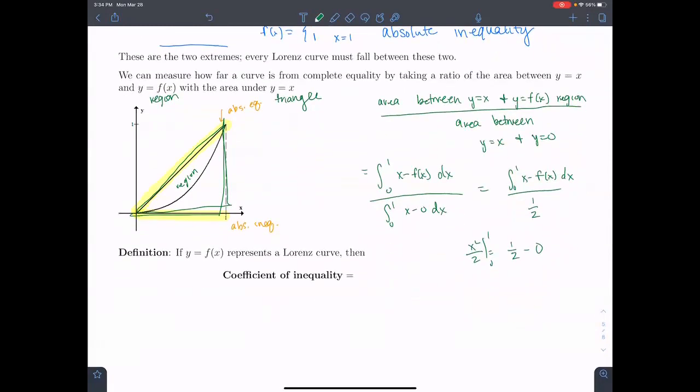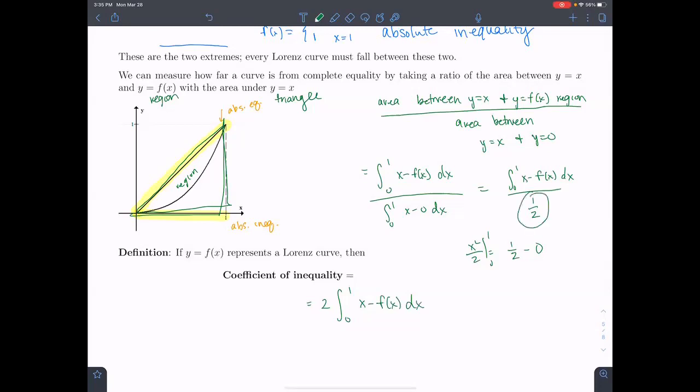I don't like this whole dividing by 1/2, so I'm instead going to multiply by 2 because that would be the same. So we go to 2 times the integral from 0 to 1 of x minus f of x dx.